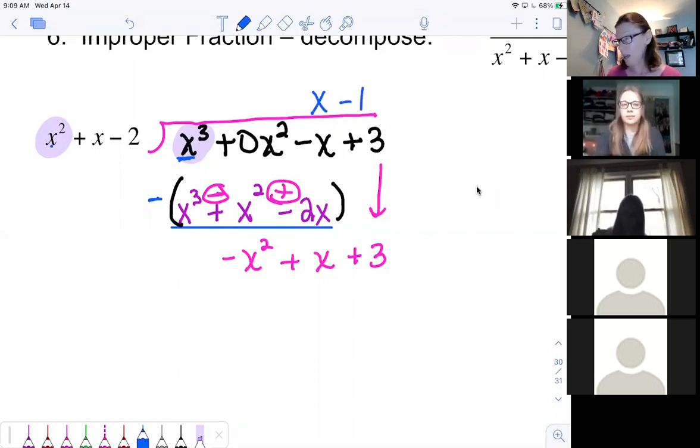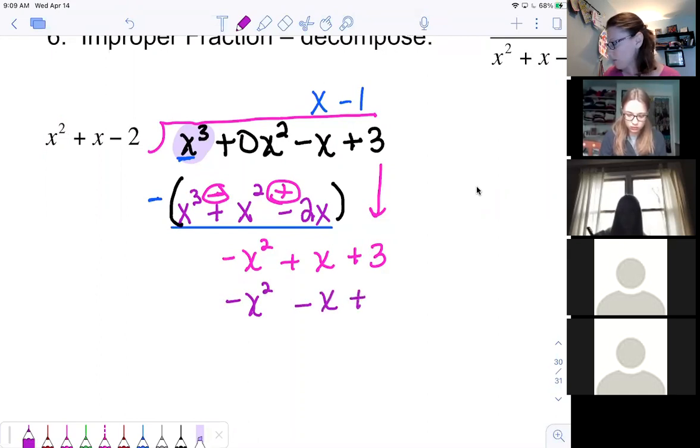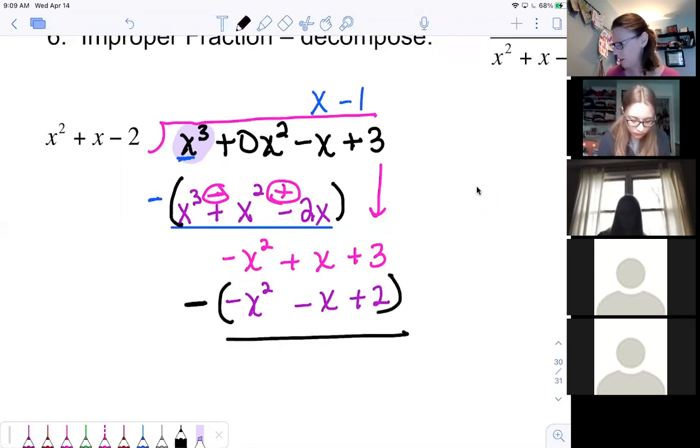So again, take all of the x squared plus x minus 2 and multiply it by negative 1. So negative x squared, a negative x, a positive 2. You're subtracting that whole quantity. So this is a plus, this is a plus, and that becomes a minus.